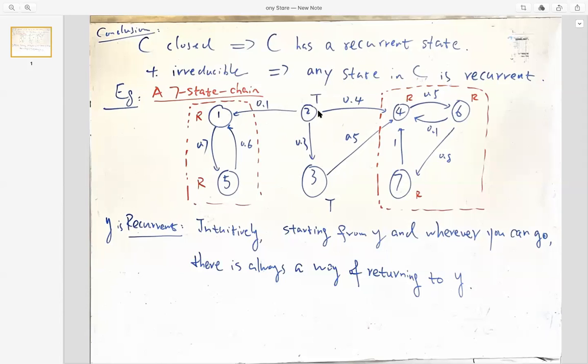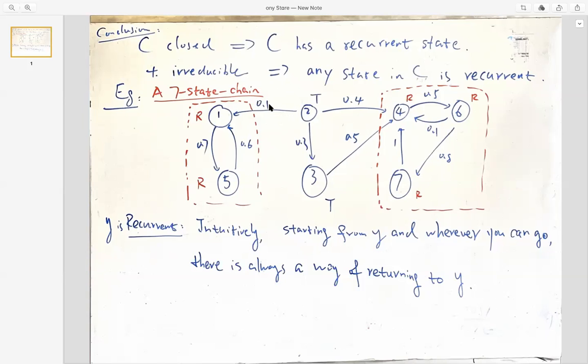But if we just use the discussion in the textbook, how do we do that? We can also determine that 2 is transient. Why? Assume 2 is recurrent, and rho from 2 to 1 is positive.